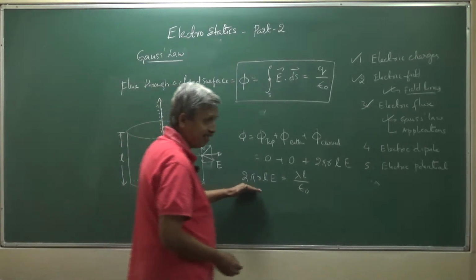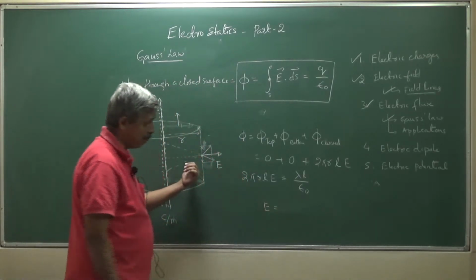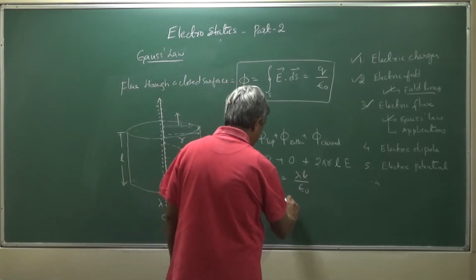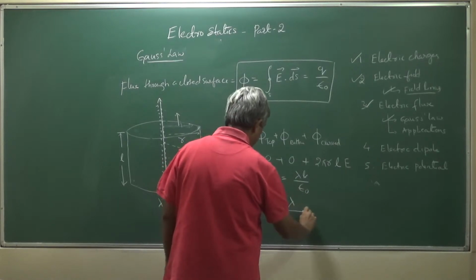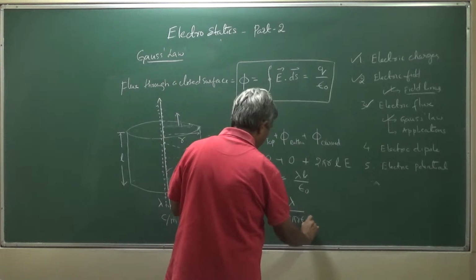Once we write this, we realize that we can calculate E. E is the same everywhere, therefore L gets cancelled. E is lambda by 2 pi r epsilon naught.